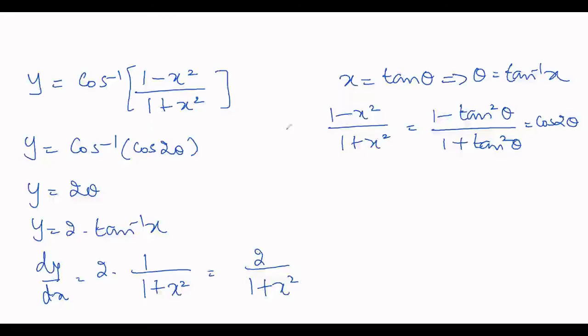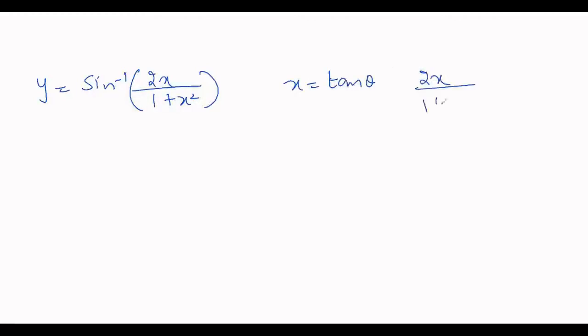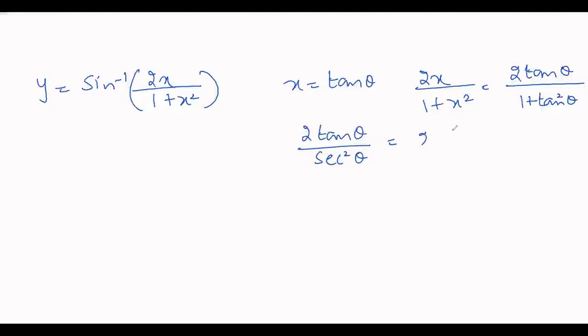Let me clear this. Next question. y is equal to sine inverse of 2x by (1 plus x squared). So again, let me use a substitution: x is equal to tan theta. So 2x over (1 plus x squared) is equal to 2 tan theta over (1 plus tan squared theta). So 1 plus tan squared theta is secant squared theta. Let me simplify this further. 2 times tan theta, which is sin theta over cos theta, divided by secant squared theta, which is 1 over cos squared theta. So one cos theta gets cancelled.